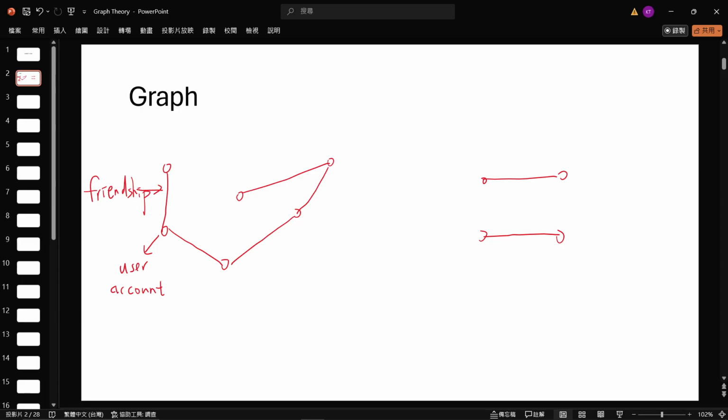And you can also consider, say, computer networks, okay? Since this is a computer network, these dots are just devices. It can be your smartphone, your computer, your laptop, basically any device, okay?